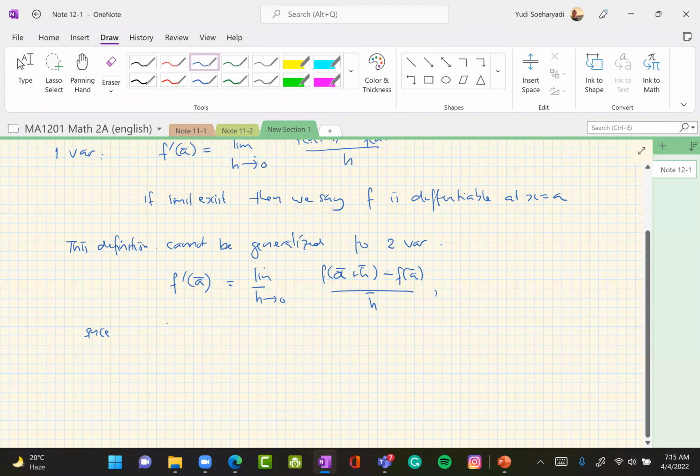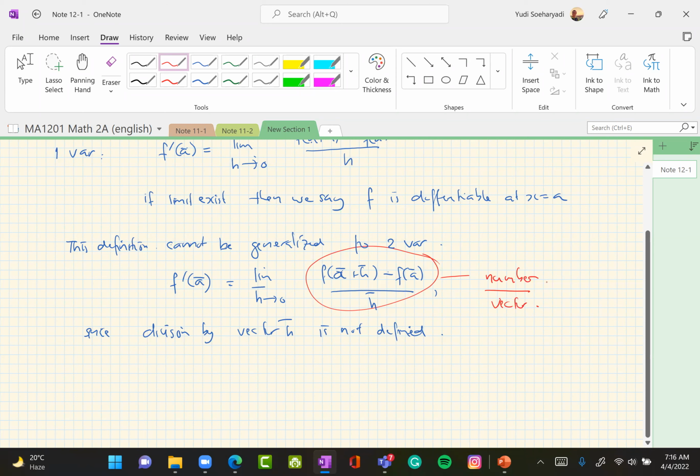Division by a vector is not defined. You cannot divide a number by a vector.